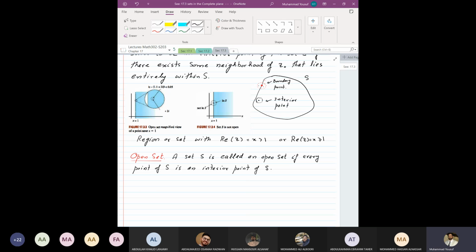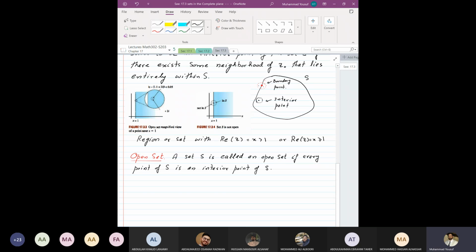It is open. That is, whatever point we choose in S, we can find a small neighborhood of that point which is entirely inside S.